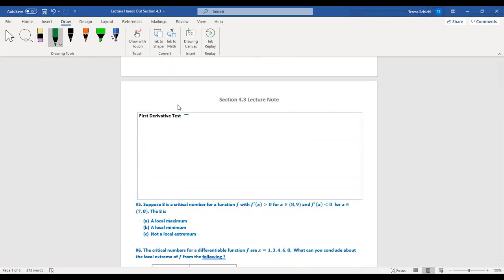They will tell us when a critical number is a relative extrema.